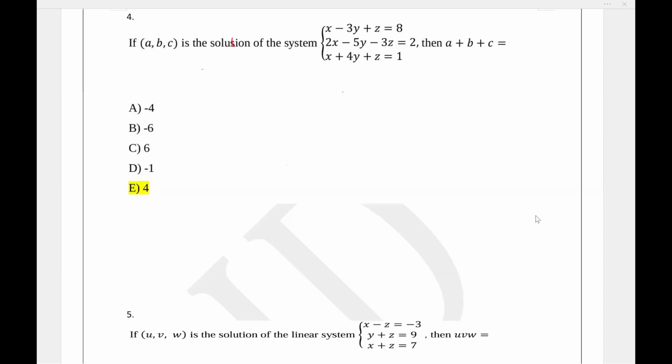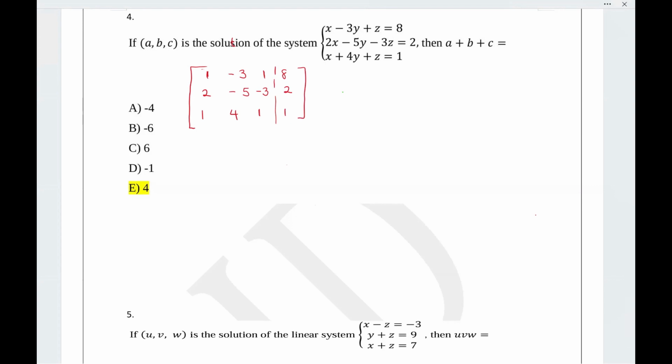Okay, this question asks us to find the solution. So we'll attempt to use Gauss-Jordan or Gaussian elimination. So we will put this into an augmented matrix: 1, 2, -5, -3, 2, 1, 4, 1, 1.